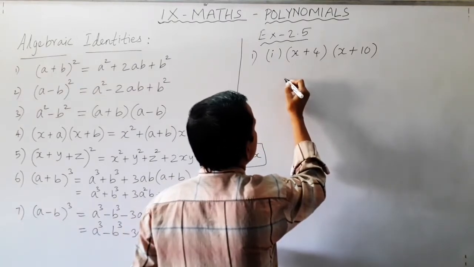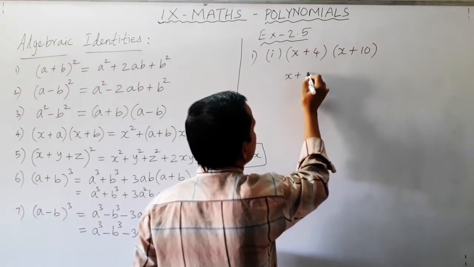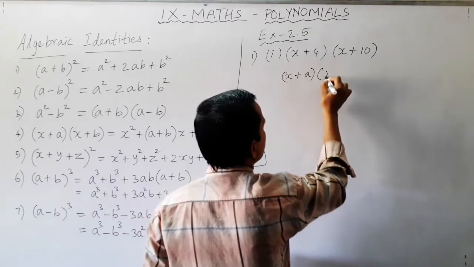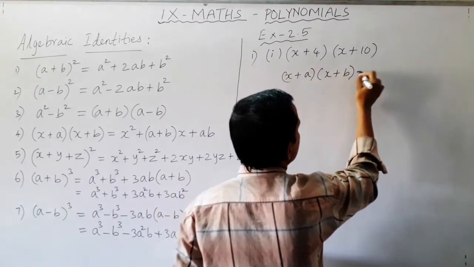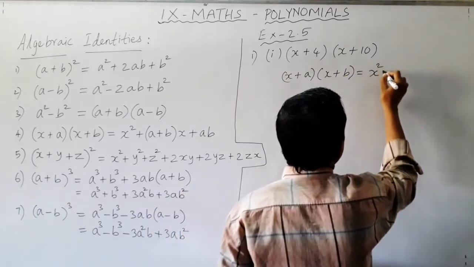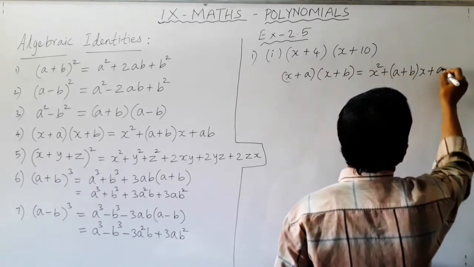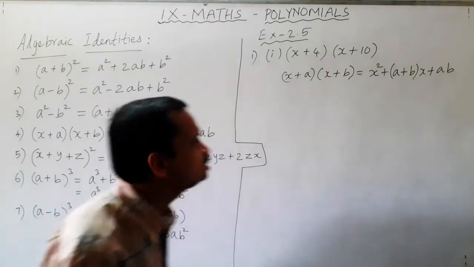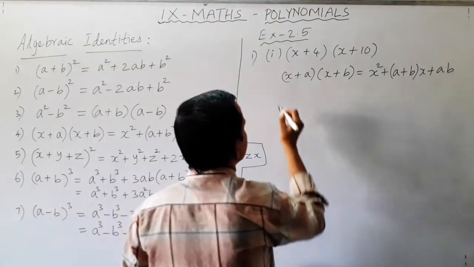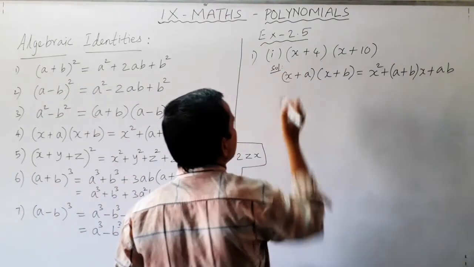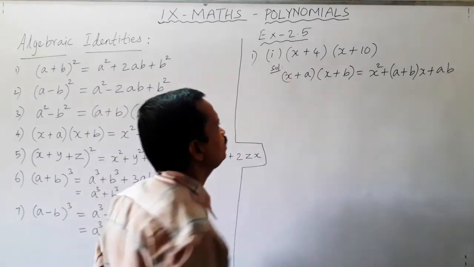So you can apply the identity x plus a into x plus b is equal to x square plus a plus b into x plus ab. If you use this identity, then this is the solution. Okay, this we are finding as the solution.